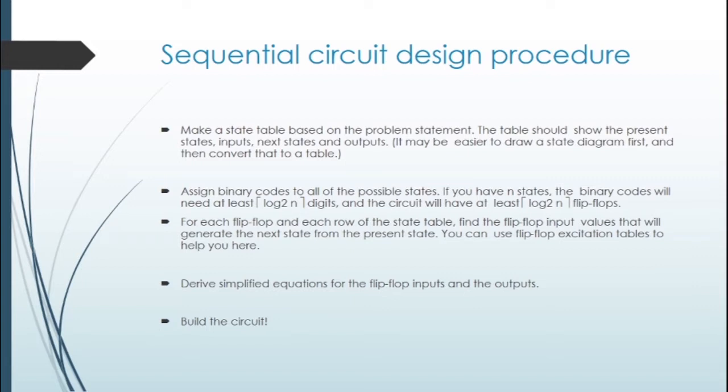If we have n states, the binary code will need at least log base 2 of n digits, because the total number of states is a power of 2 of the number of state elements.